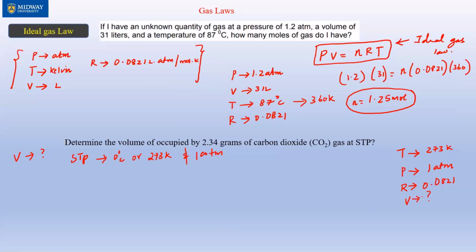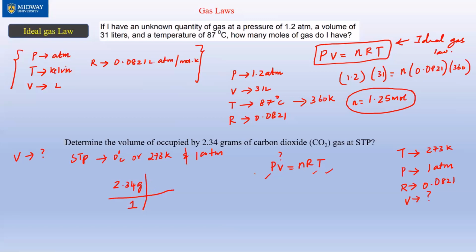There's something else we need to know before we can actually complete this problem. We want to find this. We know this, we know this, we know this. We don't know n yet. When you don't know two variables in algebra, you must find a way to get one, otherwise you cannot solve the problem. Well, we do know 2.34 grams of CO2, and the molar mass of CO2.